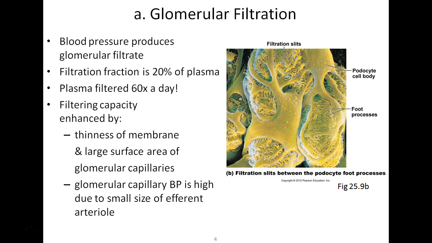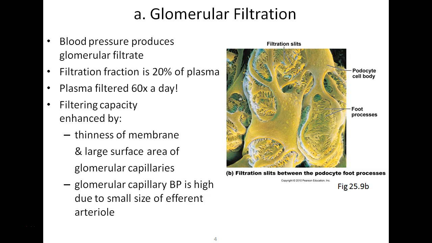We're talking about 20% of plasma being filtered, and in an amazing way, plasma gets filtered 60 times a day. That means the total content of plasma in the body. So the kidneys do a phenomenal amount of filtering of blood plasma.